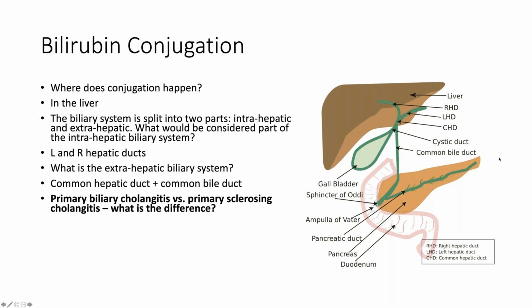Great. So this is just something that's interesting, but do you happen to know, Shama, what's the difference between PBC, primary biliary cholangitis, which used to be called primary biliary cirrhosis, but they changed it, versus primary sclerosing cholangitis? Do you happen to know the difference? I believe so.